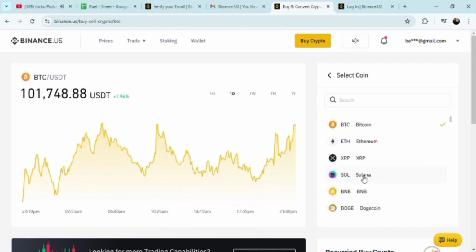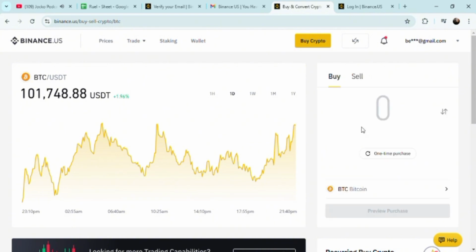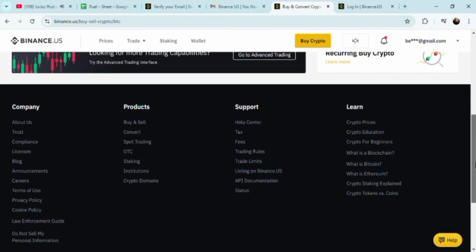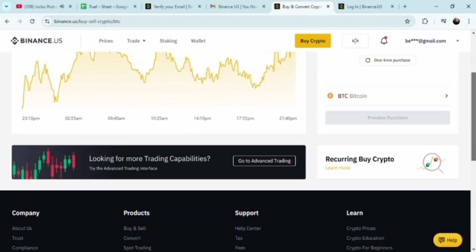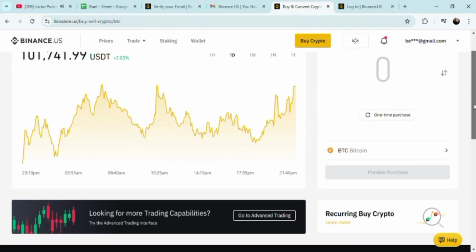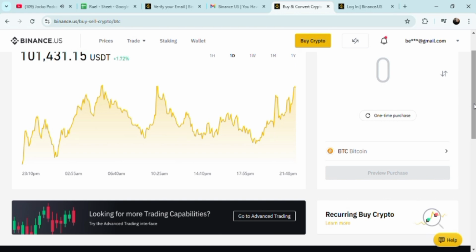But if you don't have a bank, I suggest going with a wallet that is connected here to your Binance. And it's important as well to have your email on par and on standby as we do this.